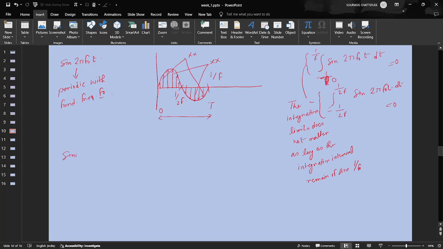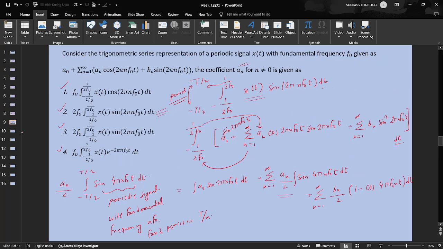So let me point it out here: integration of a sinusoid signal with frequency f naught over any 1 over f naught sized interval will produce 0.